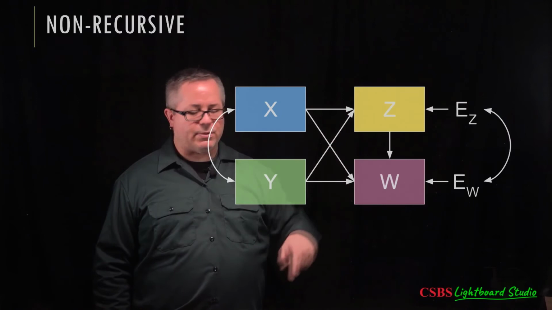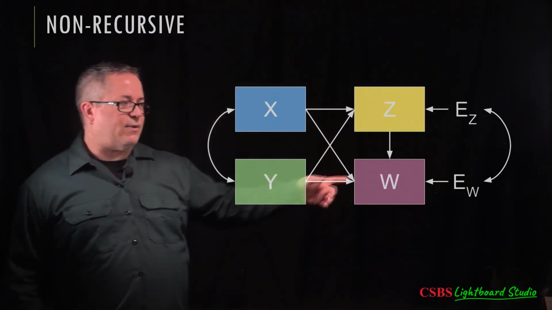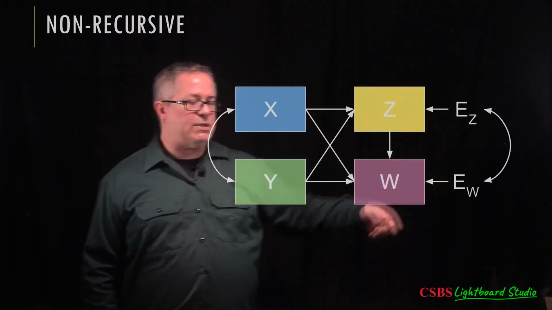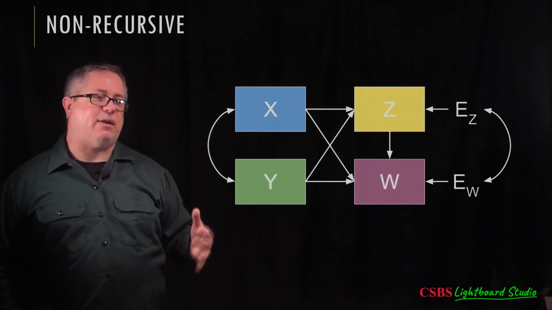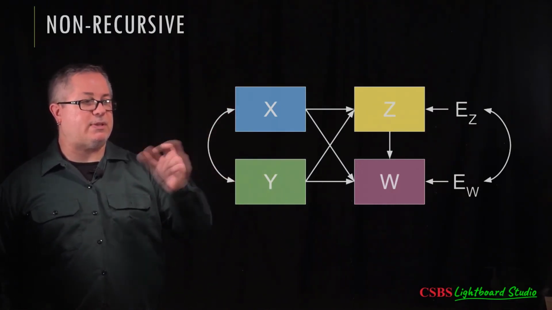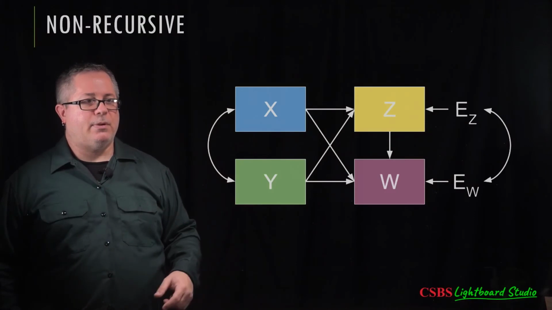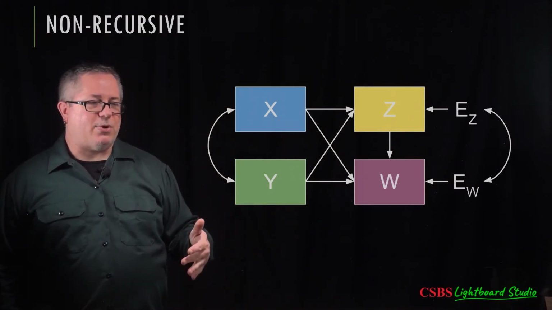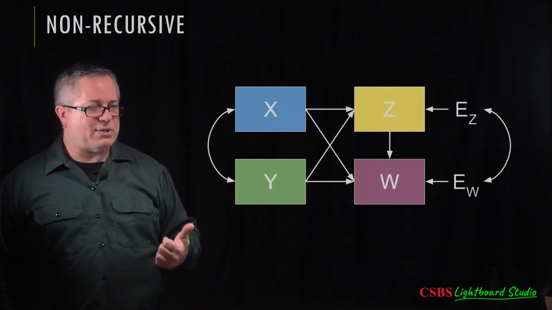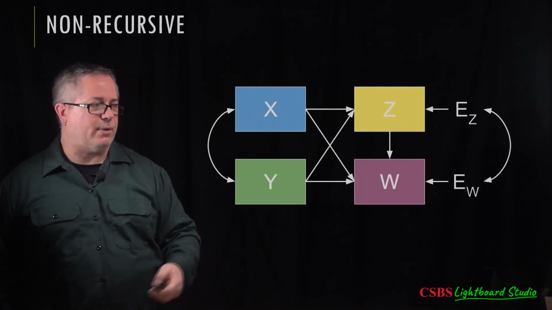We can estimate these parameters. As soon as we start to add in stuff like these correlated errors, there are things that cannot be estimated, and if one part of the model can't be estimated, then the rest of it starts to fall apart as well. So again, it'll make more sense as we go into model specification and identification that will be coming up shortly.